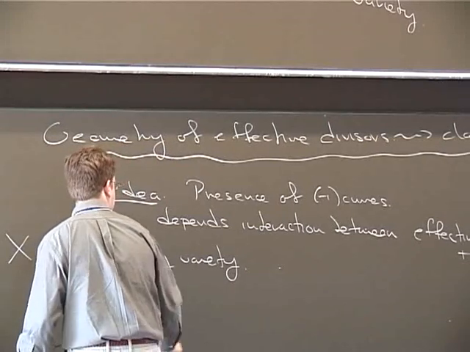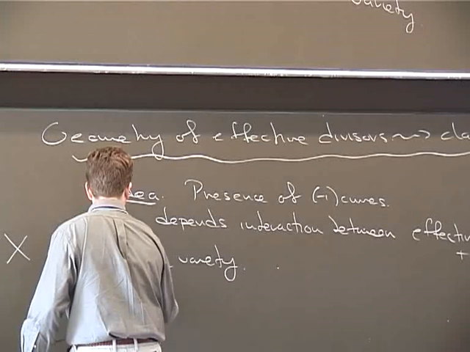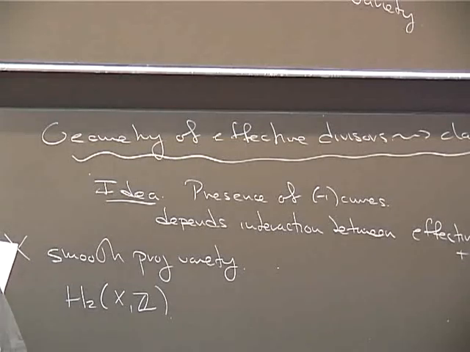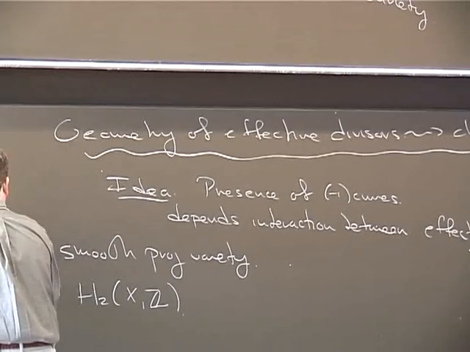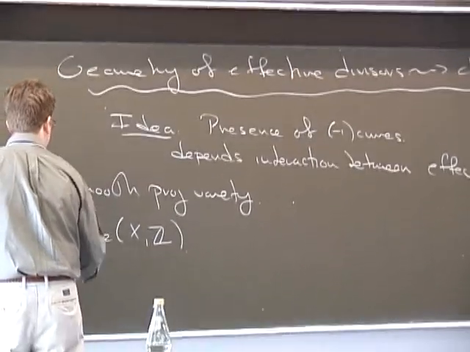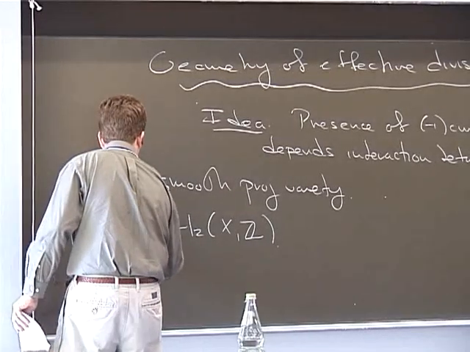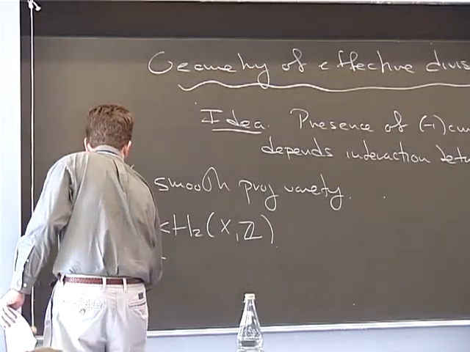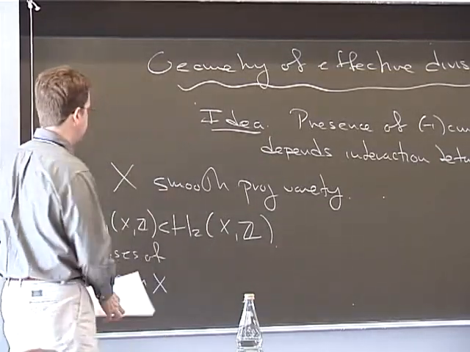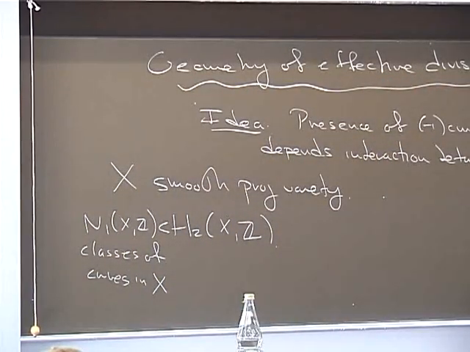So let me introduce some notation. I have the homology group H_2(X, Z), and inside of this I have the sublattice corresponding to homology classes of curves in X. Inside of here we have the monoid of effective curves.